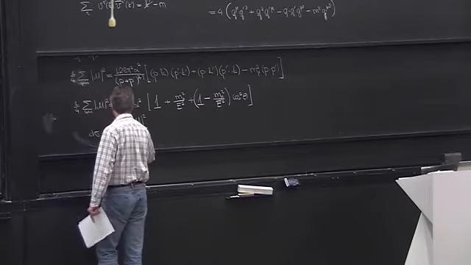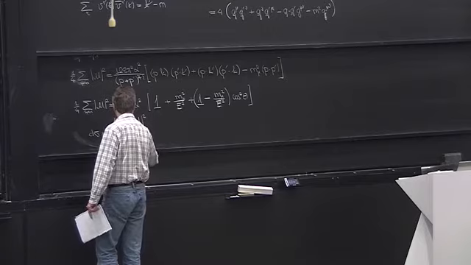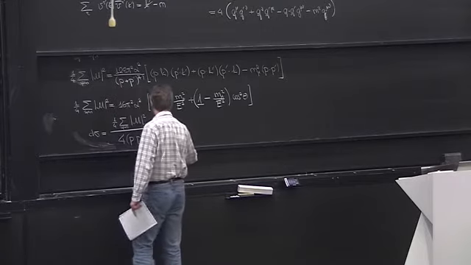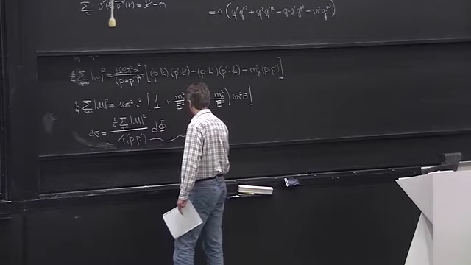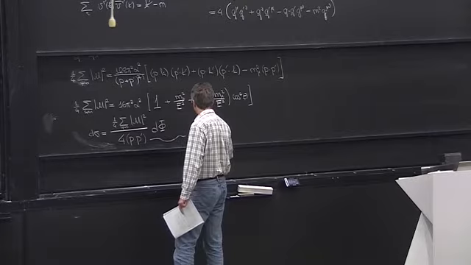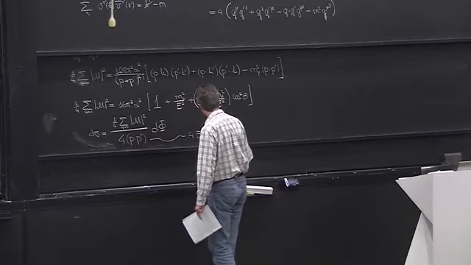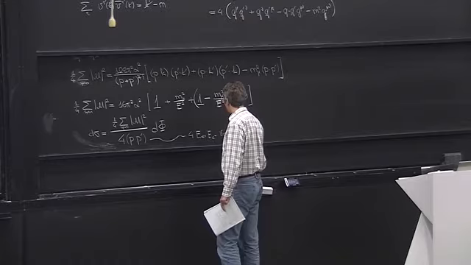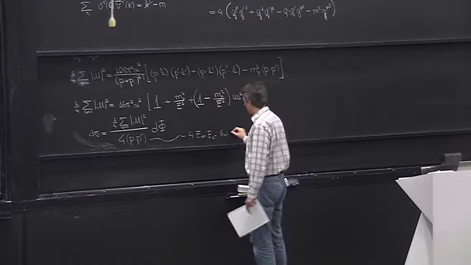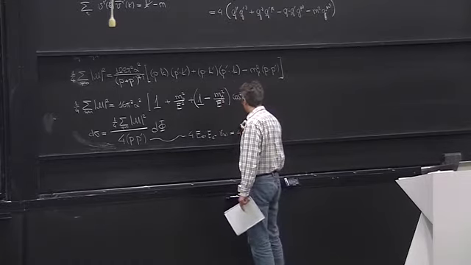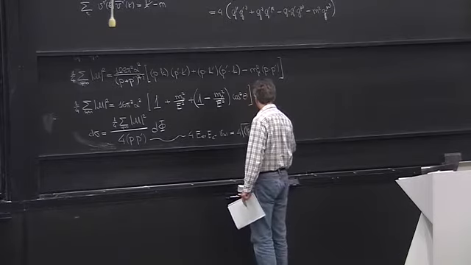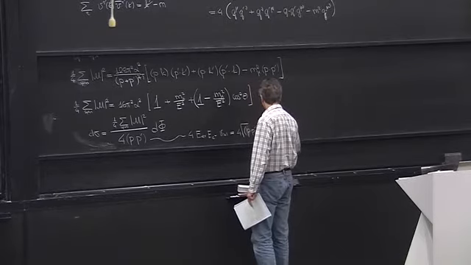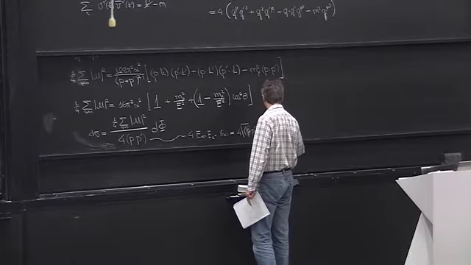So let me write it like that, but this is nothing but 4 E electron, E positron times the relative velocity. And that's equal to 4 times the square root of k times p prime squared minus m electron squared, m electron plus m electron minus squared.